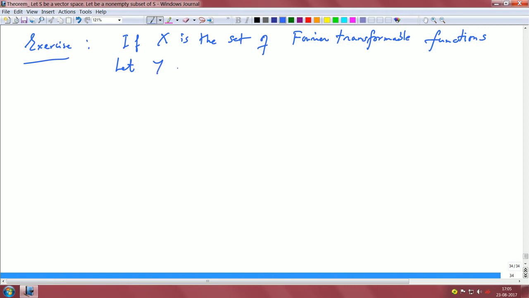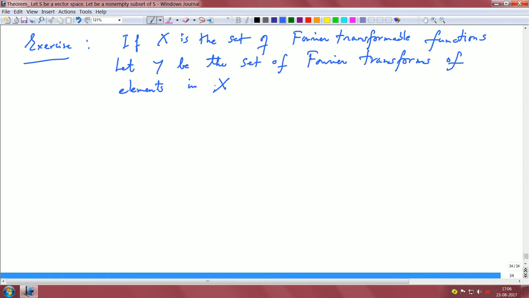Let Y be the set of Fourier transforms of elements in X. So, let X be the set of all Fourier transformable functions and Y be the set of all Fourier transforms of elements in X.